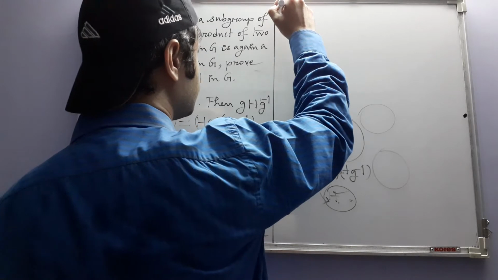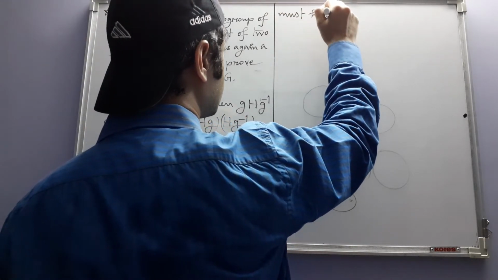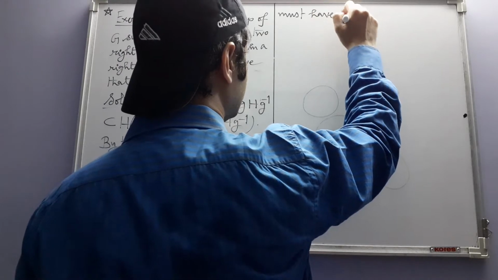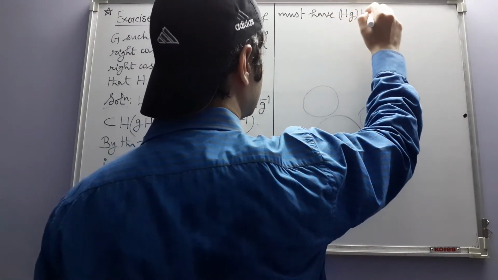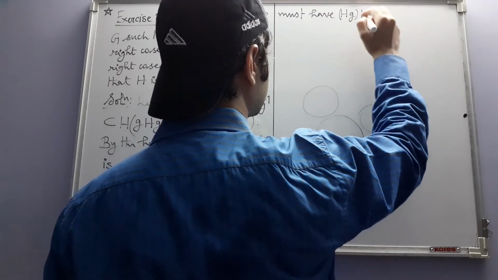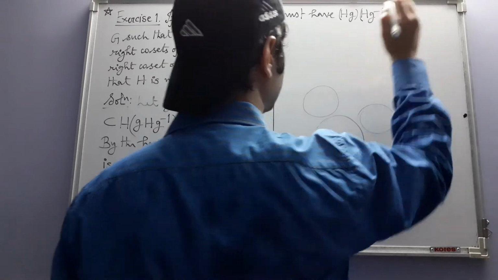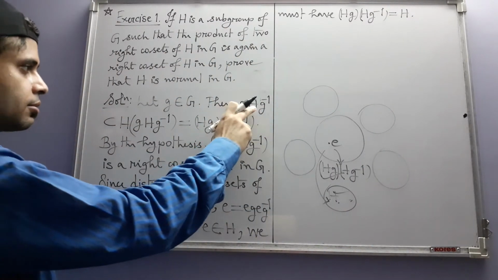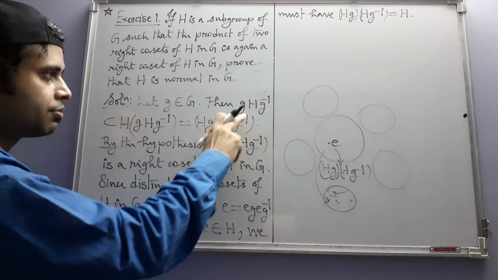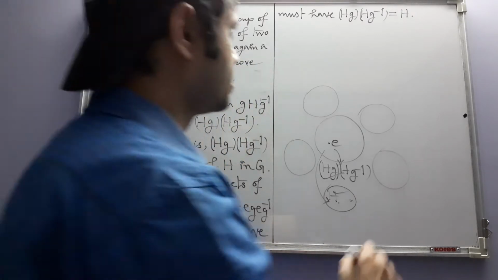We must have Hg inverse equal to H. So now we can combine these two pieces of information. This is contained in this and this is equal to this.